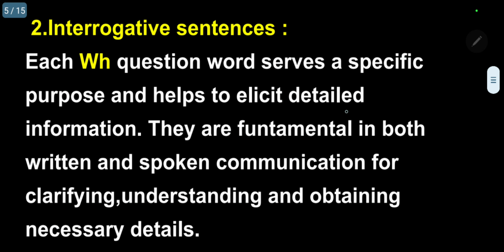Now, coming to the interrogative sentences, some information. Each WH question word serves a specific purpose and helps to elicit detailed information. They are fundamental in both written and spoken communication for clarifying, understanding, and obtaining necessary details.